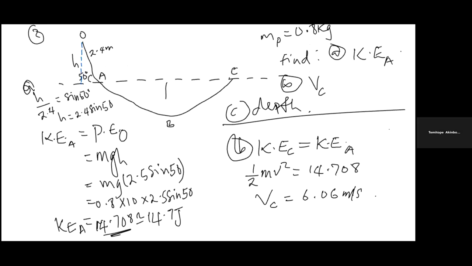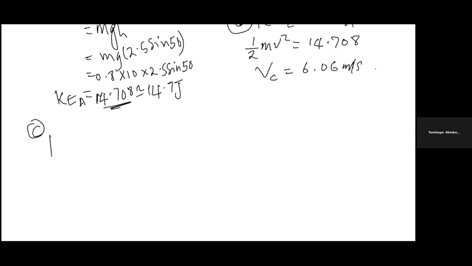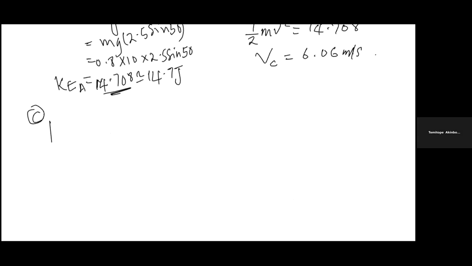Hope I'm communicating. Yes, sir. Let me call it H prime to distinguish it from the vertical H up there. So you must get it to be negative. So negative 1.36, which shows that it is actually below the level of AC.